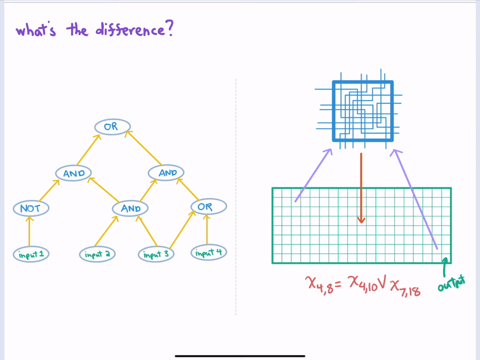the nice thing about the circuit is that the node in the middle evaluates its two children and gets an answer, and that's the answer right there for that gate forever. But the CPU can actually write to the same location over and over again in RAM. Otherwise, they're both doing the same thing, gradually evaluating logic.